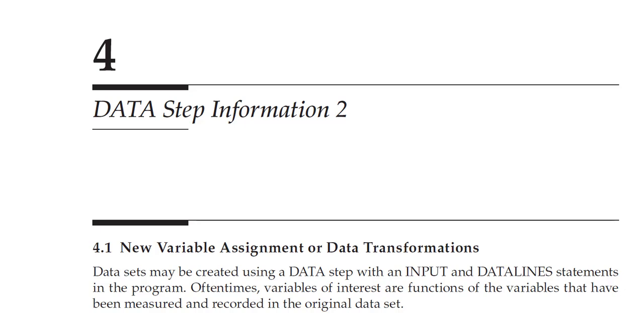So we look at new variable assignments and data transformations within a data step operation. So we're going to modify that data, input, data lines sequence of steps, and we're going to insert some new lines to create new variables.